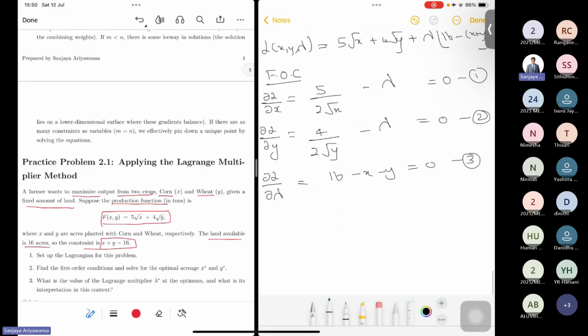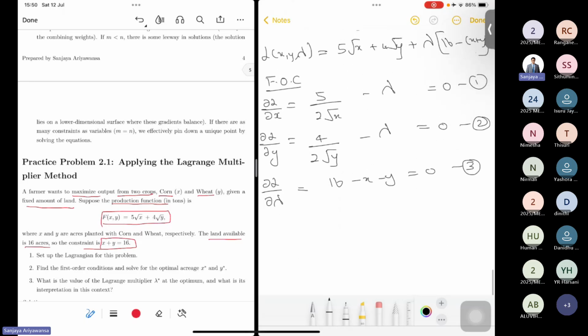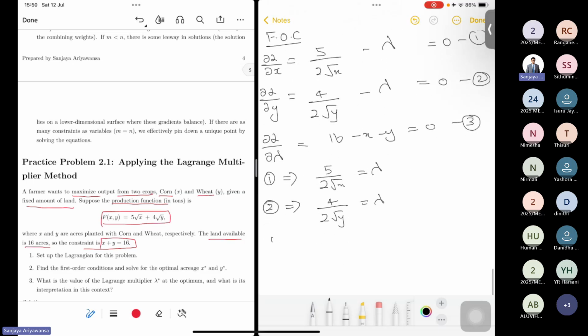Now you have three equations and three unknowns. What are we going to do? First and foremost, from equation 1, I get 5 divided by 2 root x equals lambda. From equation 2, I get 4 divided by 2 root y equals lambda. So I'm going to divide 1 by 2.